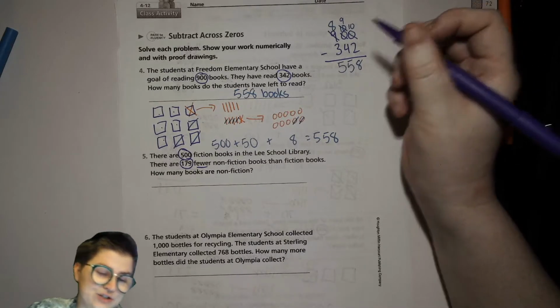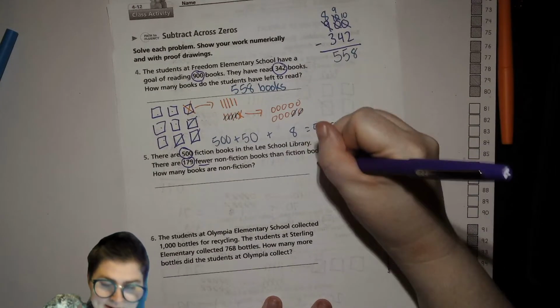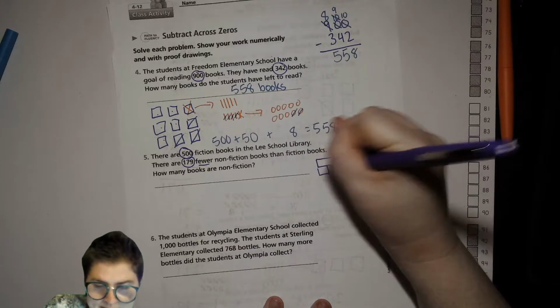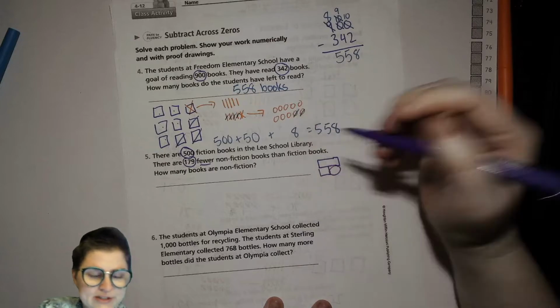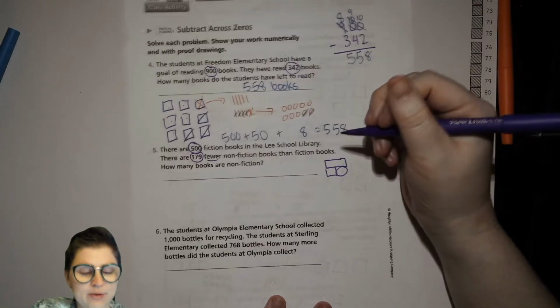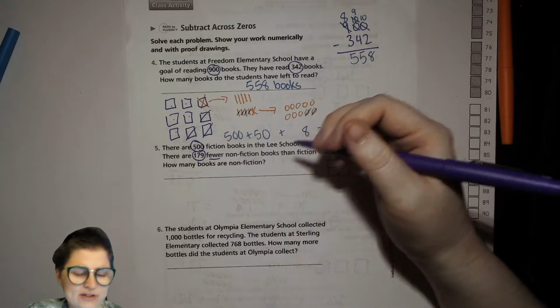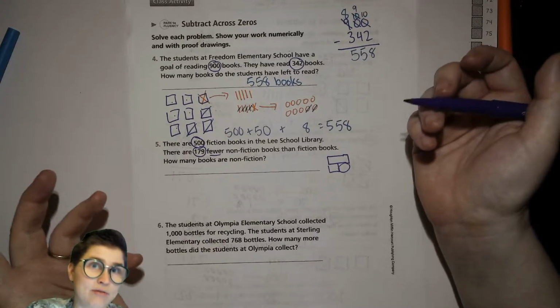So I like to do comparison bars just to help us. If you've forgotten how to do comparison bars, no worries. So we have our fiction books and nonfiction books. What is there more of, fiction or nonfiction? If we know that there is 179 fewer nonfiction, then we know we have more fiction, right?